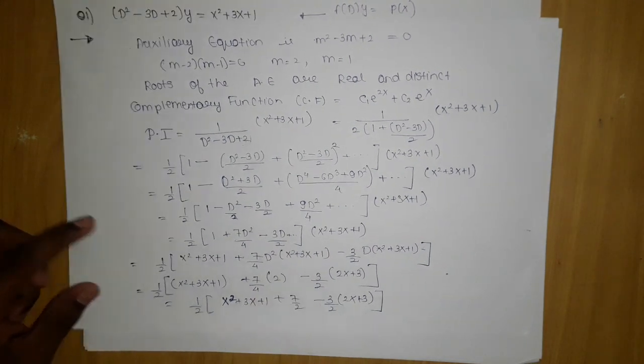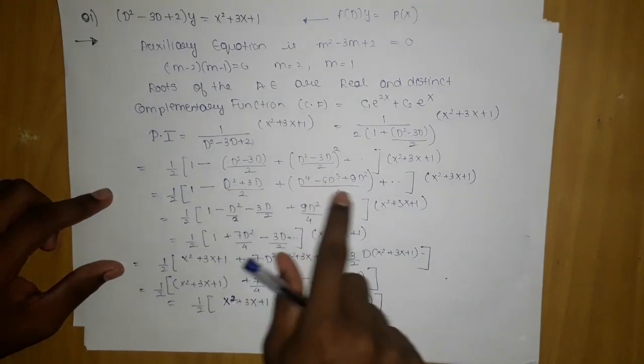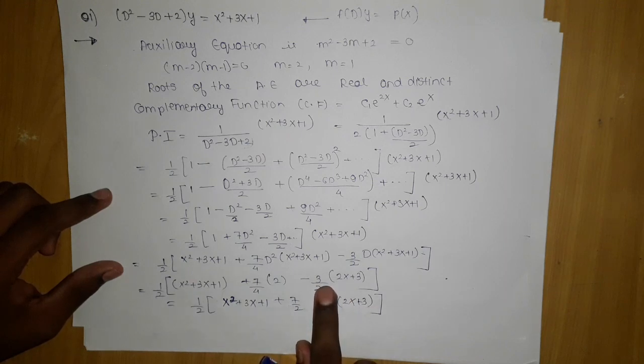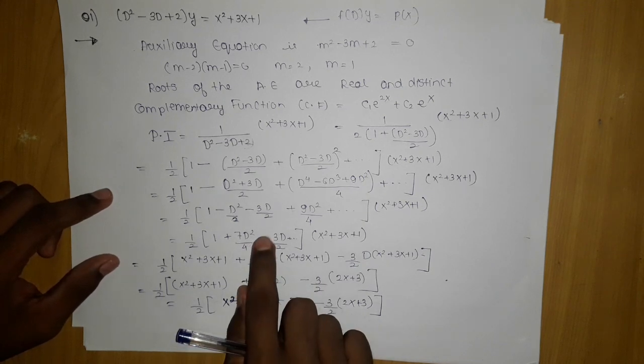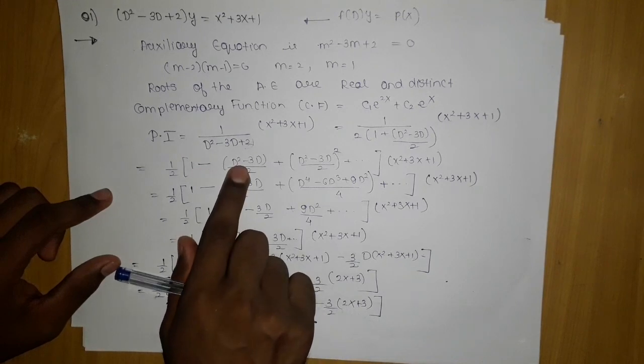Here what we had was 3D square. When we opened it, we got something like this, and here we had minus 3 by 2. Here we had minus, and this one was minus only, right?